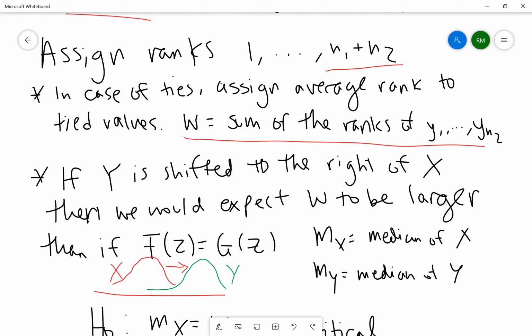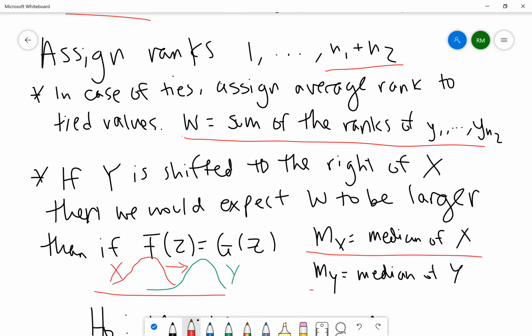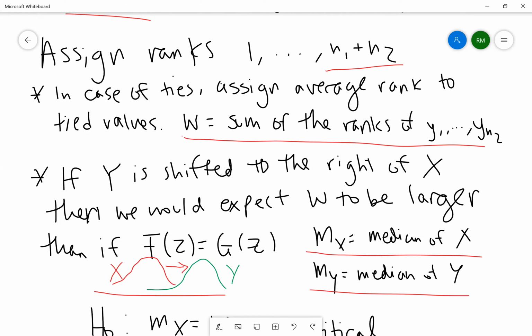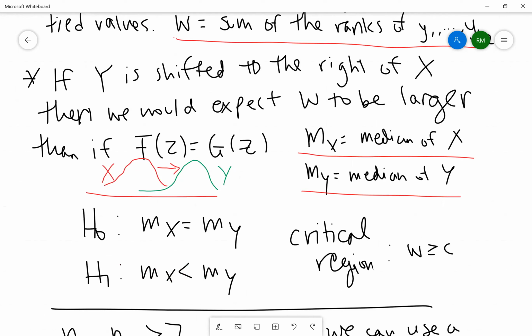So we're going to let MX be the median of X and MY be the median of Y. And we're going to test the null hypothesis that the median is the same against the alternate hypothesis that the median of X is smaller than the median of Y. There is an assumption going on here in our work, and we're assuming that X and Y have the same distribution, but they could have different spreads.